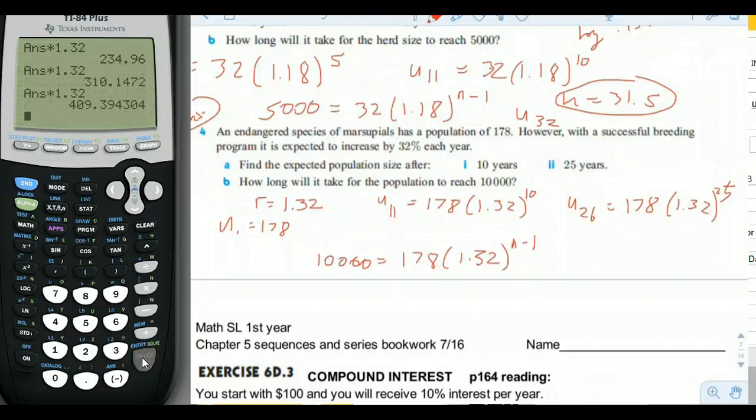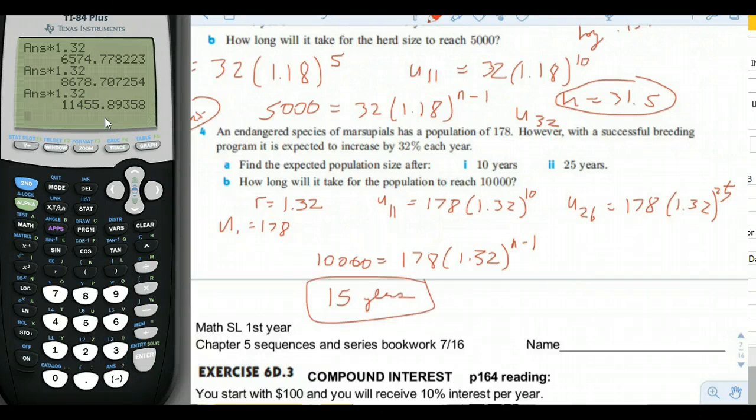After 3 years, after 4 years, 5 years, 6 years, 7 years, 8 years, 9 years, 10 years. Now I just did 12 years. This will be 13, 14, 15. On the 15th year, after 15 years, it reaches 10,000. So it would be 15 years. I just did that with the calculator doing repeated multiplications.